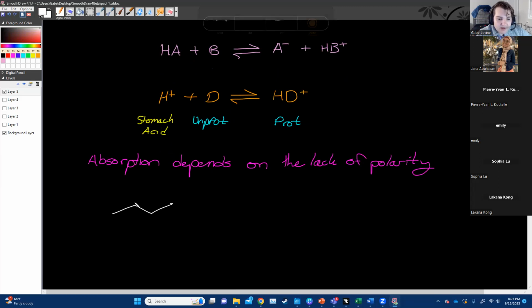What we mean is we just learned that if you have something like an OH bond, this is super polar. The reason for that is because we have a very strong partial negative charge on the oxygen and a very strong partial positive charge on the hydrogen. So the polar part of this is that we have a negative and a positive.